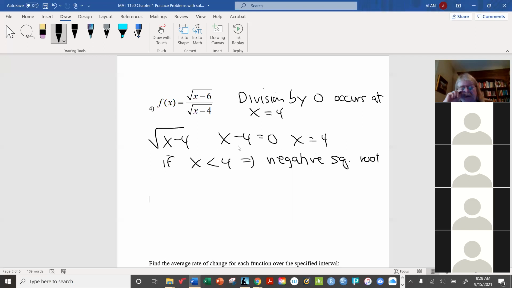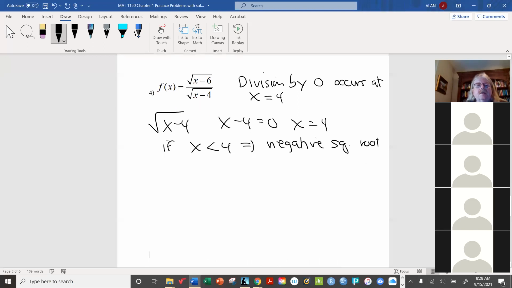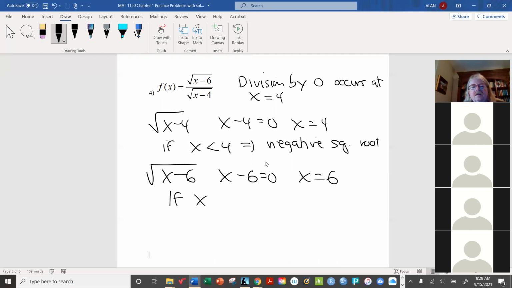Now, as far as the numerator goes, what are we not allowed to do? Well, let's see. If I set this equal to 0, oh, whoops, sorry, that's 6. So therefore, anything less than 6, let's say I put 5 in here, I'm going to get a negative square root.